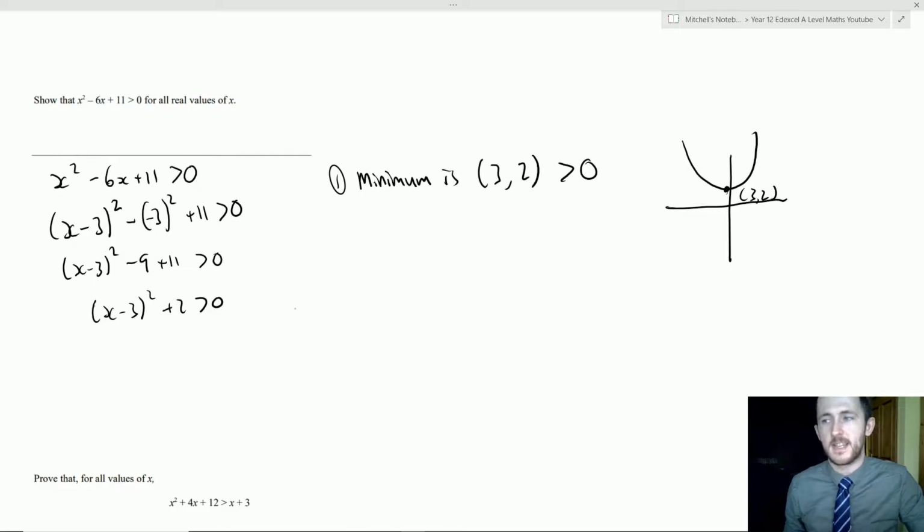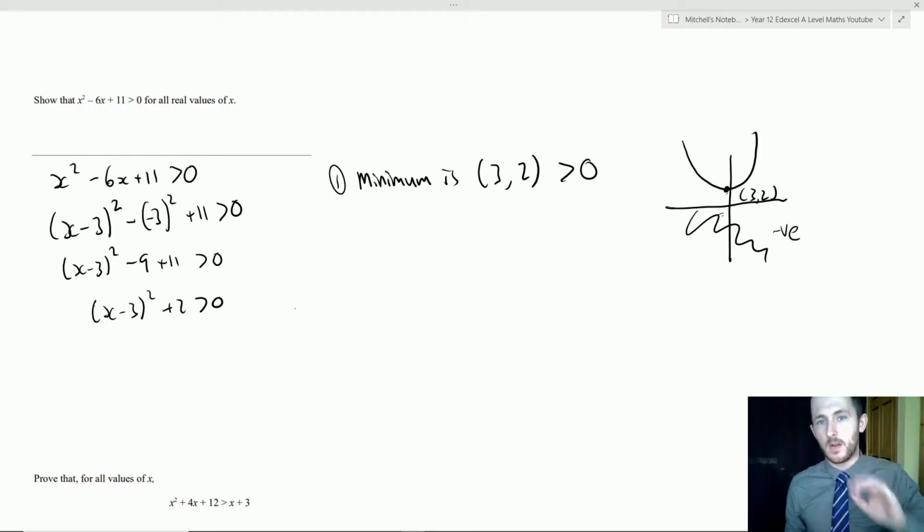And I recognize that that's not in the right quadrant. Okay, it's just for demonstration. Which means it never goes into the negative, which means it always has to be positive, which means it's always greater than 0. One other thing is, what's the smallest thing this can be? Well, the smallest thing I can make it is 0, right? Because if I make this a negative number, it gets squared and becomes positive.